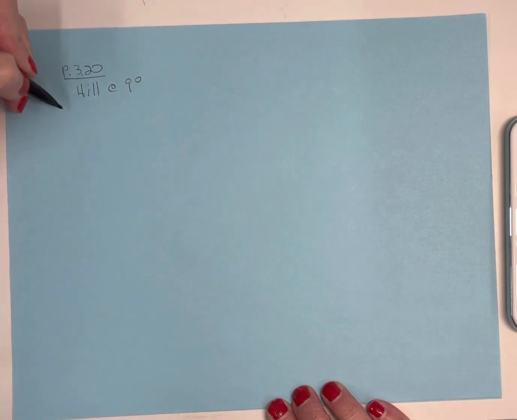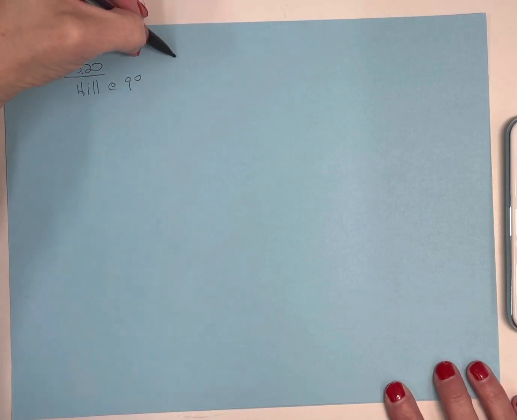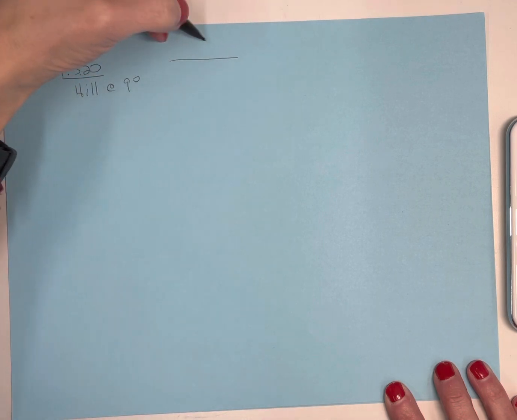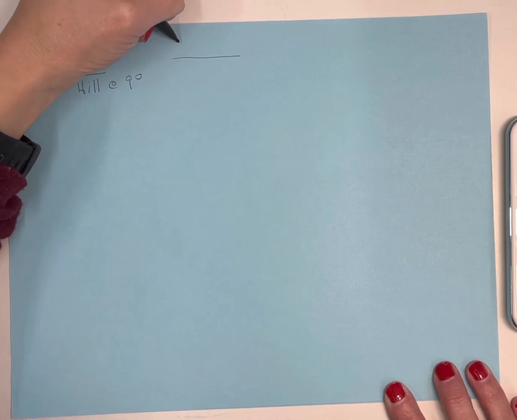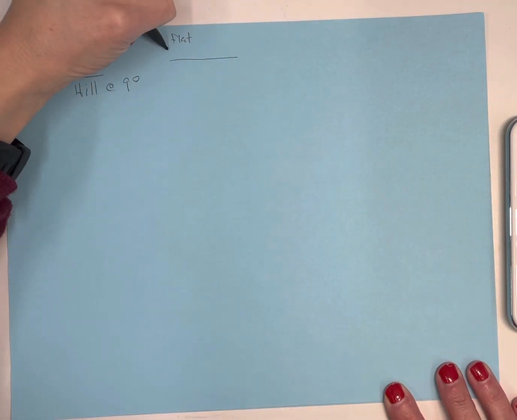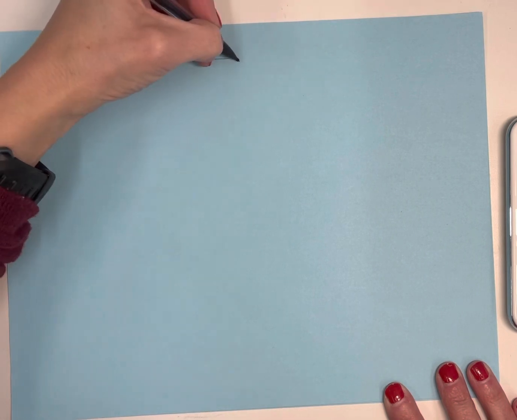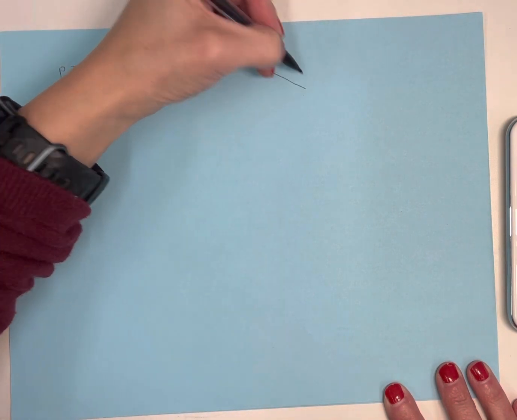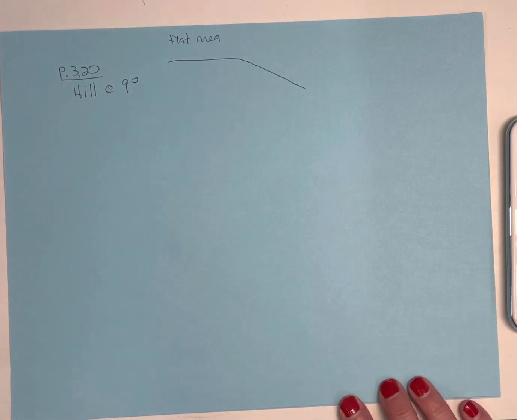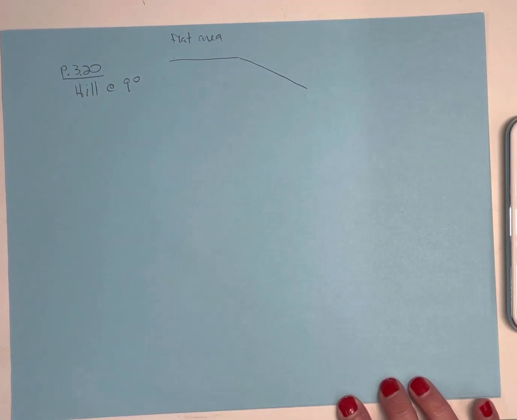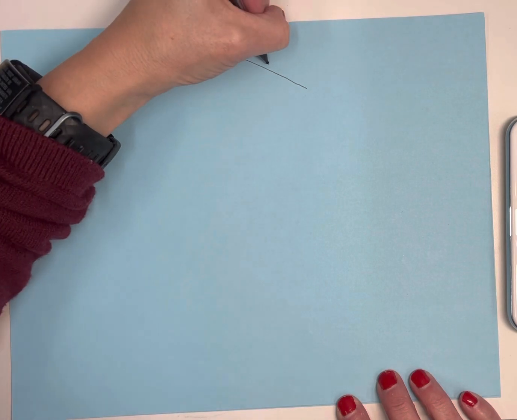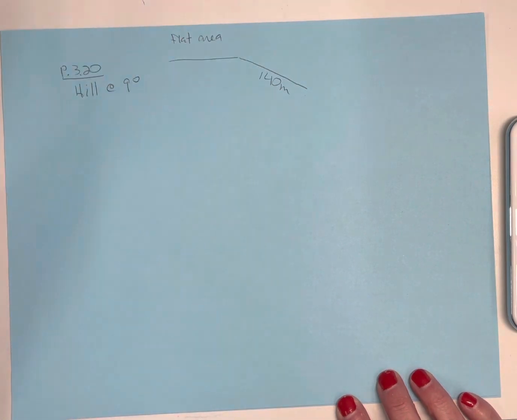I think the problem says someone is moving along a ski run, or a flat area, and they have attained a velocity. Then they're going to go down a 9-degree hill, and what we're asking is how fast they're going once they've gone down 140 meters of the hill.